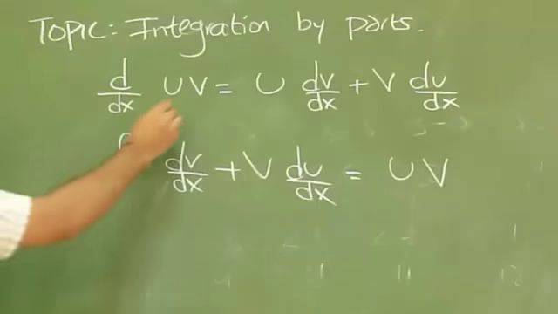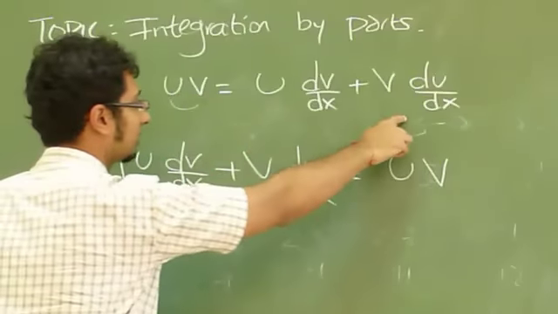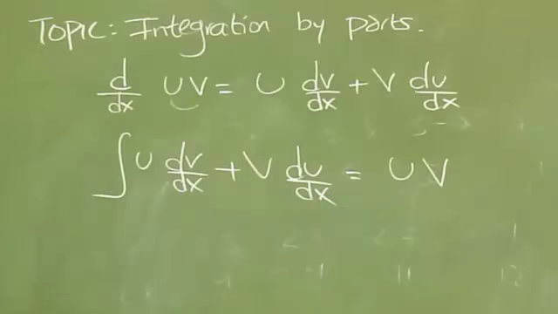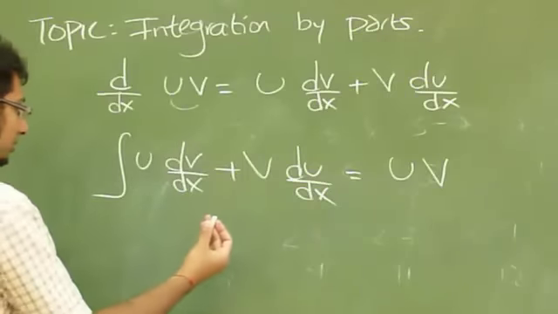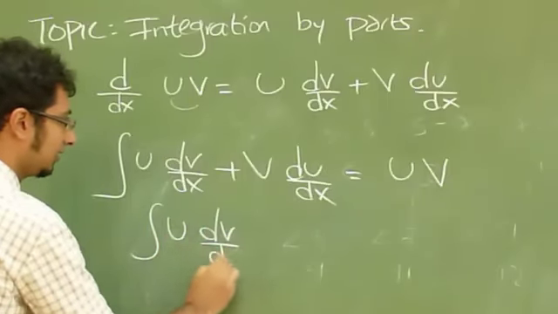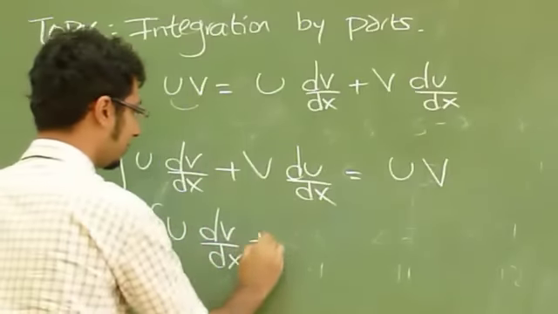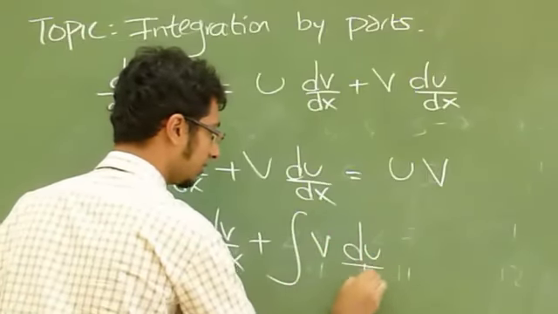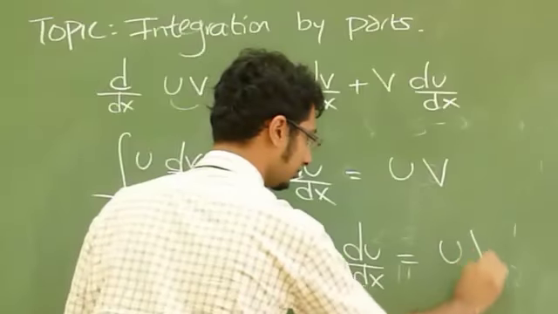I'm differentiating uv and getting that as an outcome, so if I integrate this, I need to get back uv plus a constant, of course. So the integration of u dv/dx plus the integration of v du/dx equals uv.